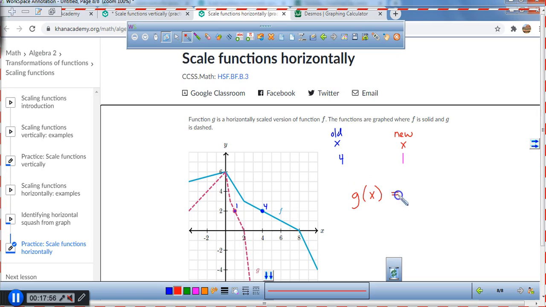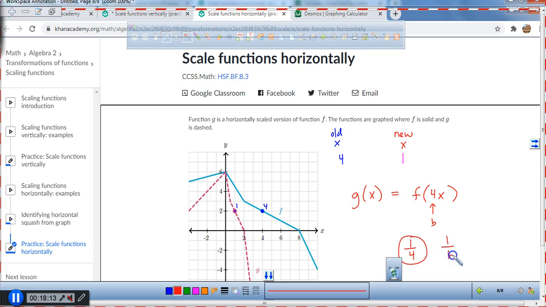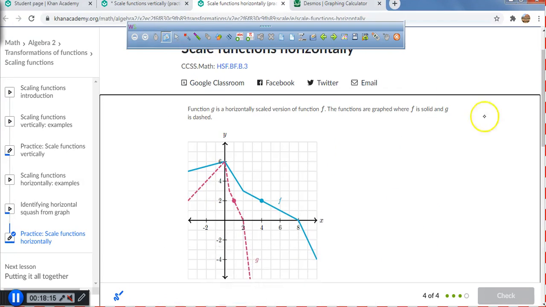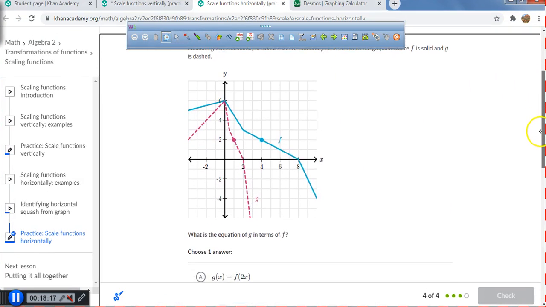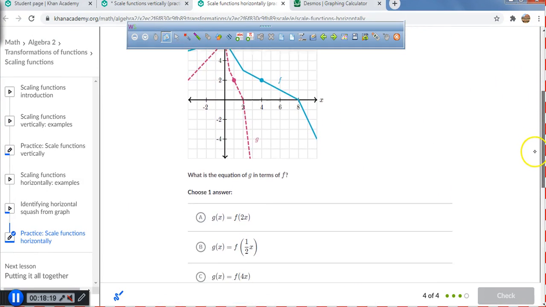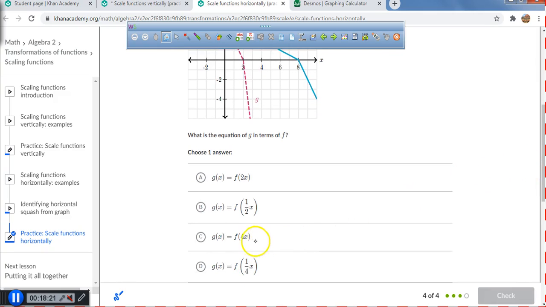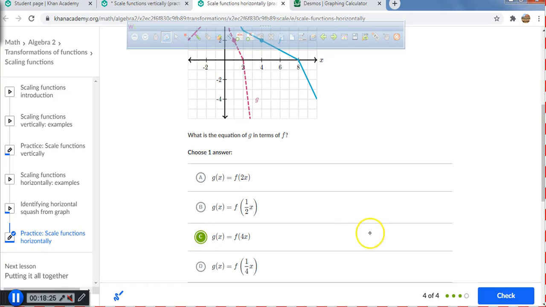G of x equals, we're going to say f of, and we're going to say 4x. Because if the b value is 4, we are being horizontally compressed by a factor of 1/4, or 1/b. All right, so let me take a look right here. So g of x equals f of 4x. So that's why it's going to be this one.